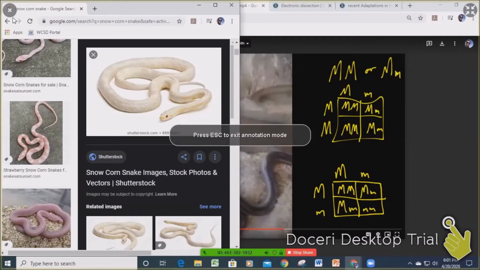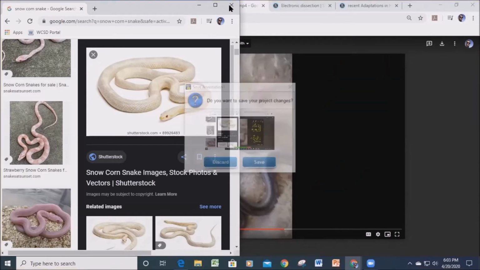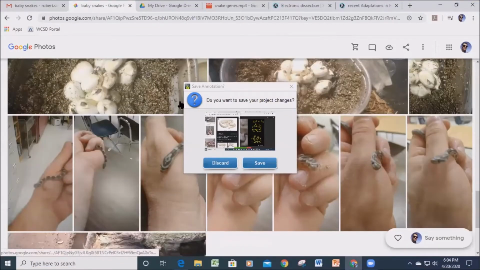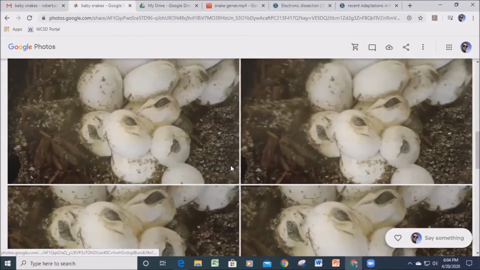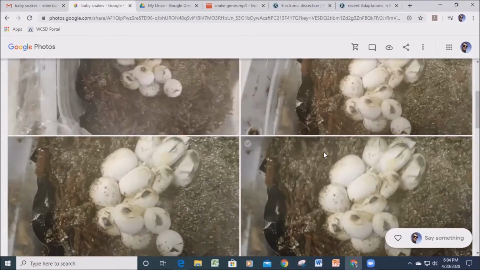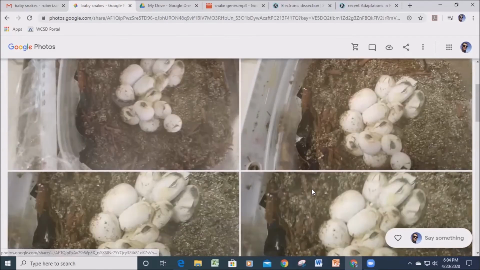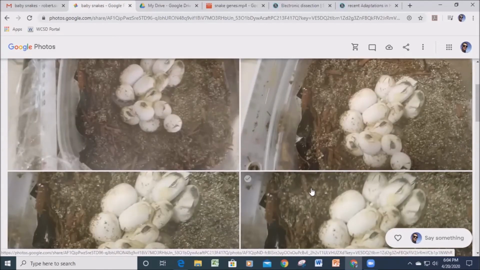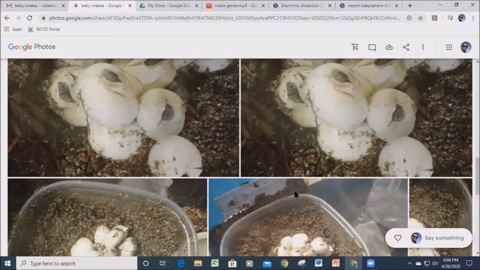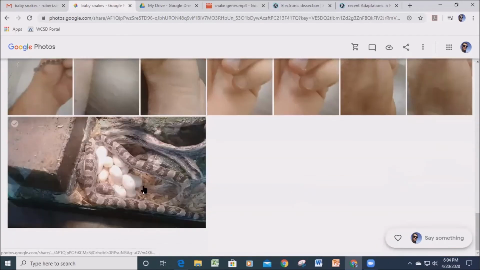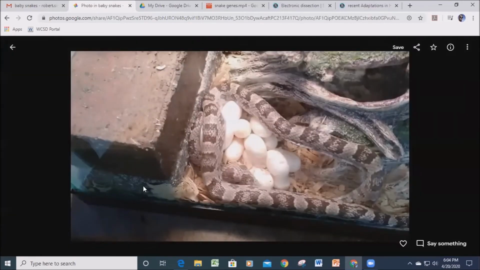Now, kind of interesting here, I did go back and find some pictures of the babies. These are the eggs. One of these babies is Oreo and one of them is Ghosty. This is from about 4 or 5 years ago, maybe 4 years ago. This is Tiffany when she had just laid the eggs and was still kind of wrapped around them and emaciated.